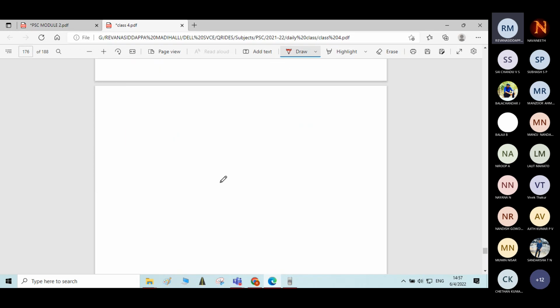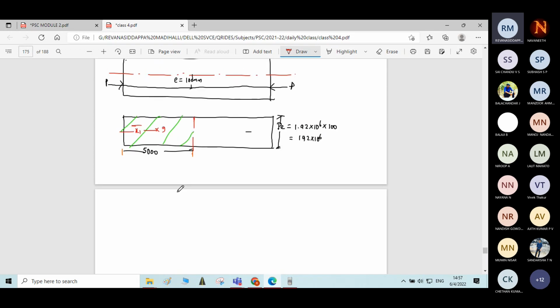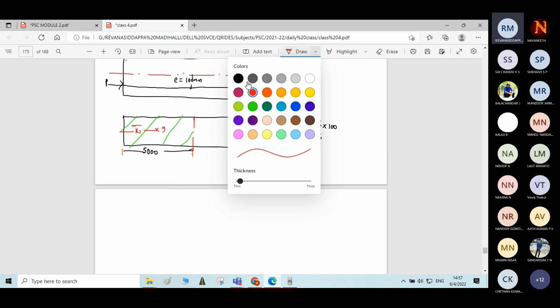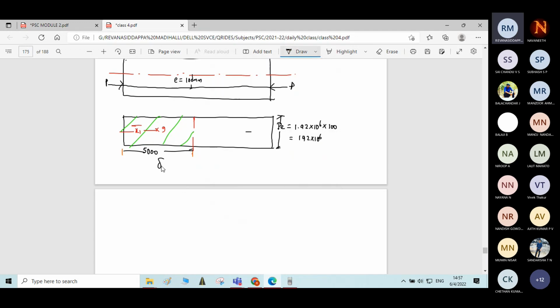Therefore, deflection due to prestress is given by, sign is negative, so minus area into X bar, generalized formula area into X bar divided by EC into IX. There is only one area, so minus A1 into X1 bar divided by EC into IX.